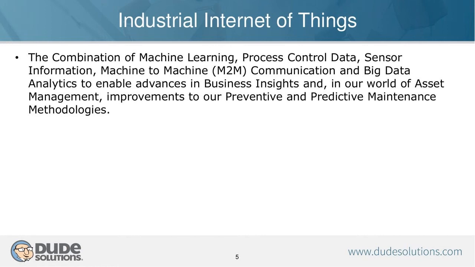So we've been doing the industrial Internet of Things for a long time. It's just that things since really 2006, 2008 have started to explode as we've gotten advances in technology that allow everything to communicate back and forth between each other.